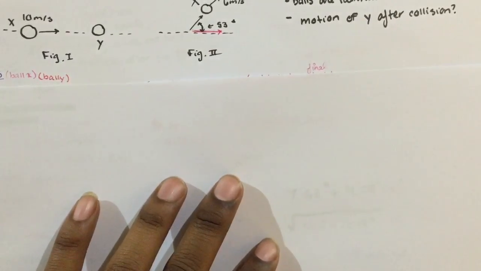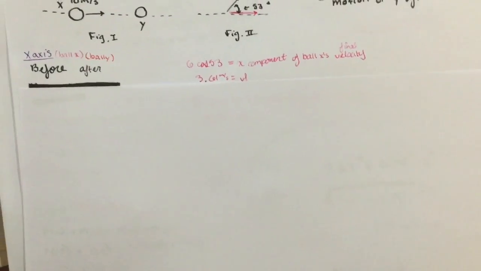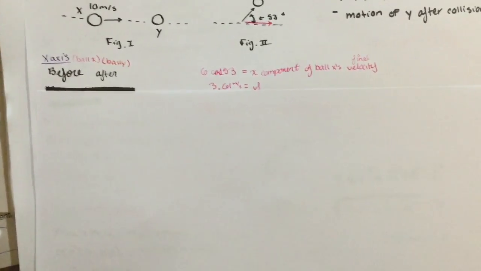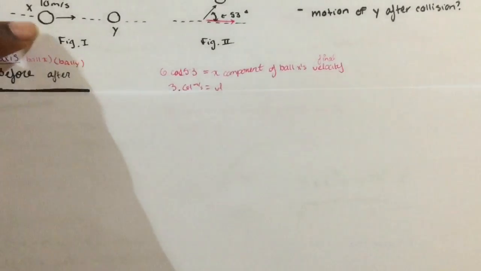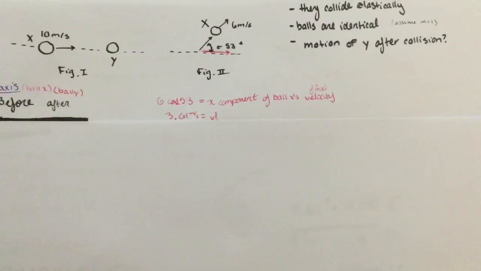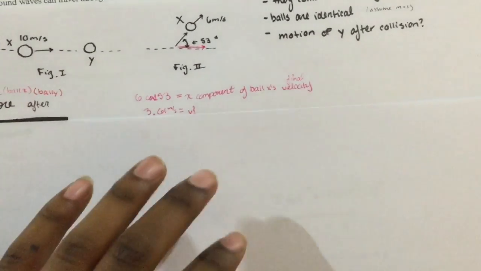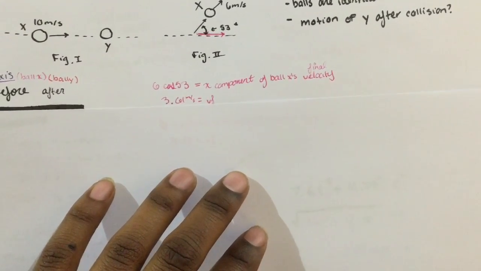So for the x-axis, you'd have to find the x component of ball x. This is velocity, so we have to use trigonometry. So 6 cos 53 gave me 3.16.